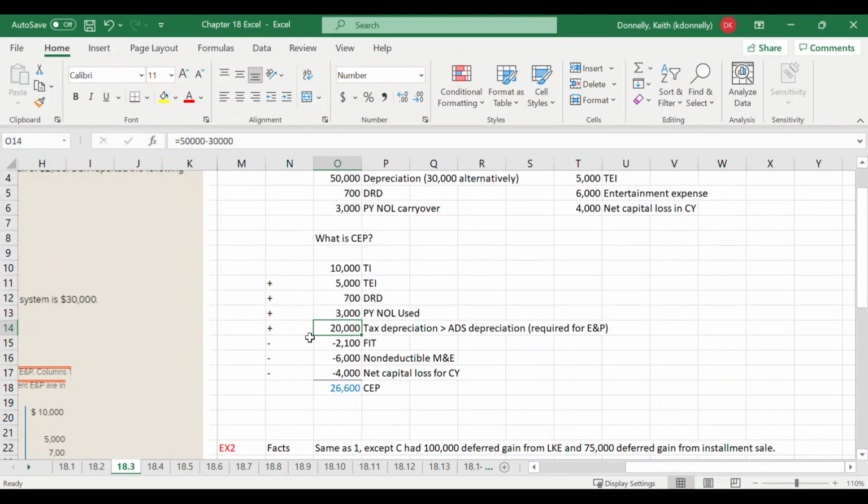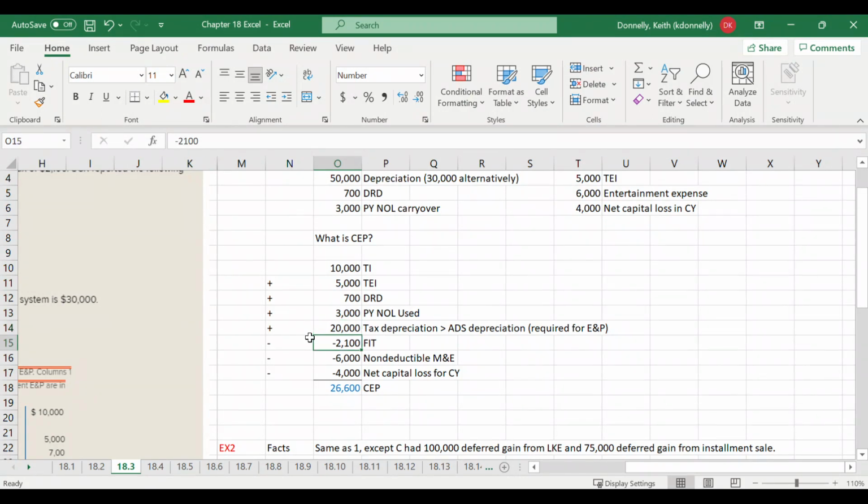In other words, we did too much deduction on our tax return, and this is reasonable. If you have 179 in bonus, that's going to get everything off the plate to begin with. And if you're using ADS, you may not get that big of a bite for depreciation under it. So you depreciated too much on the tax return, too much of a deduction. We have to reverse that out.